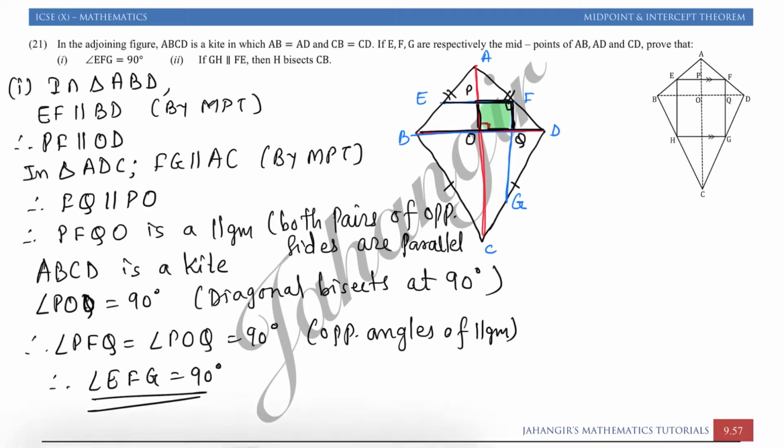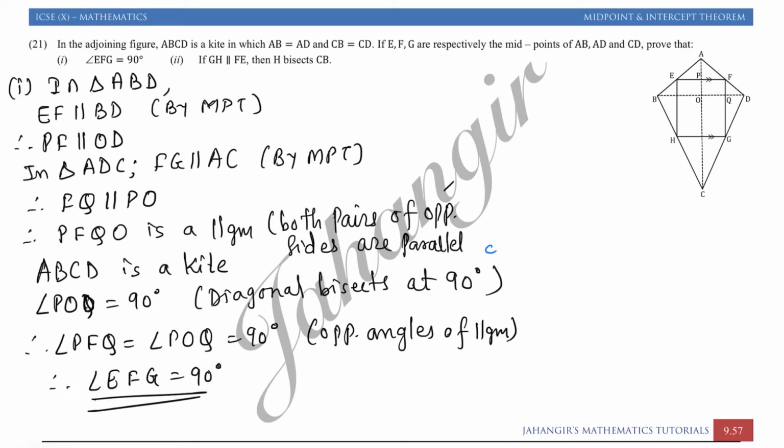Now the second part we have to prove. Let me erase this as I need some space. In the second part, if GH is parallel to FE, then we have to prove H bisects CB. That is quite simple.